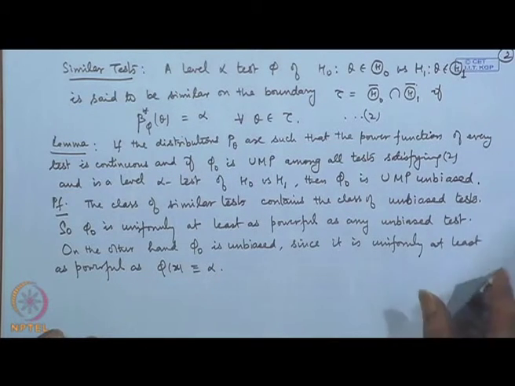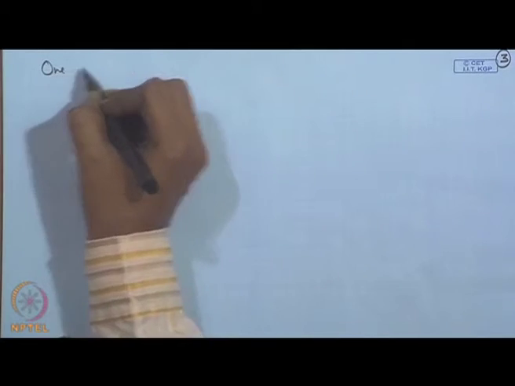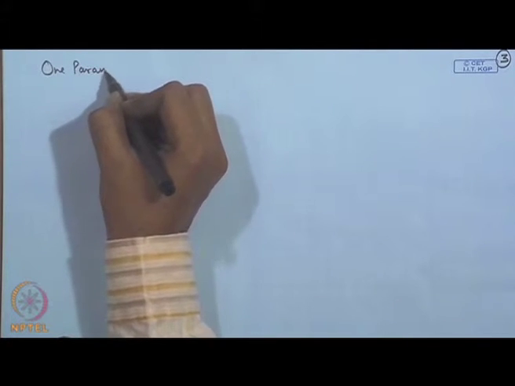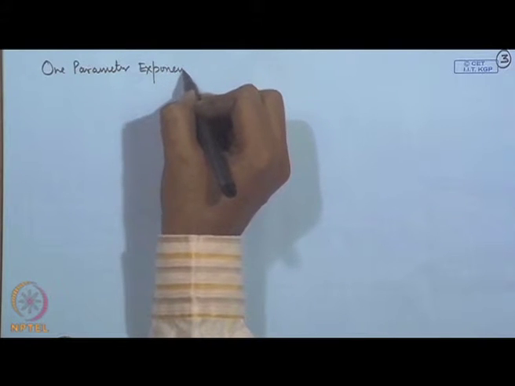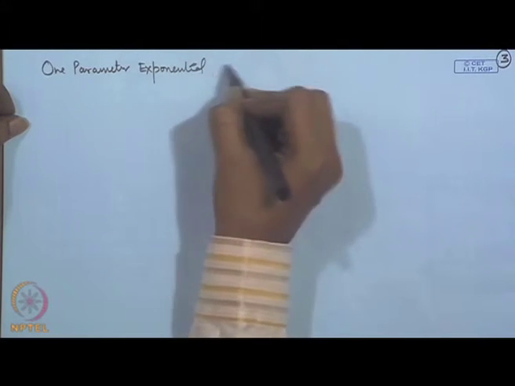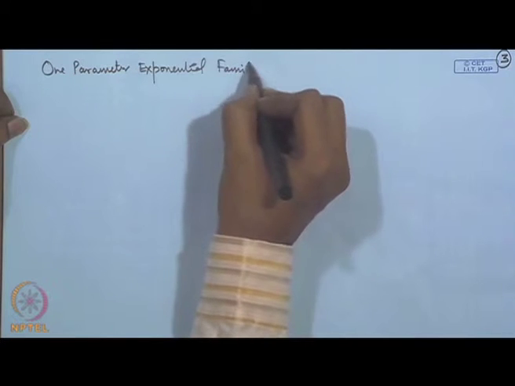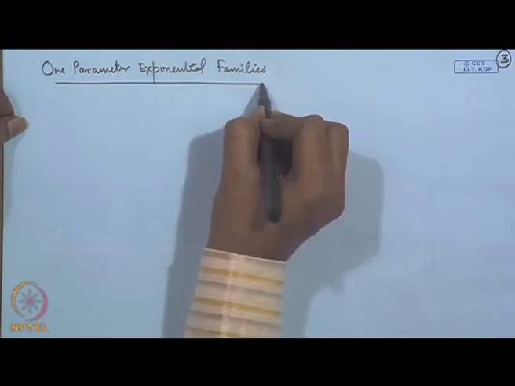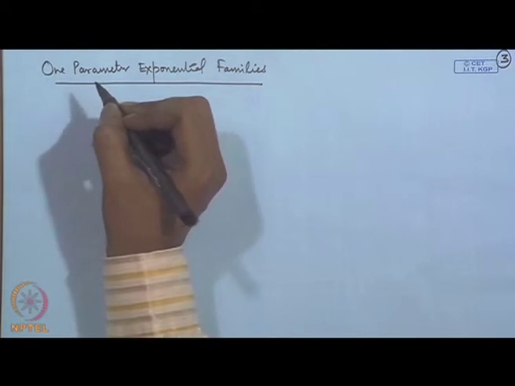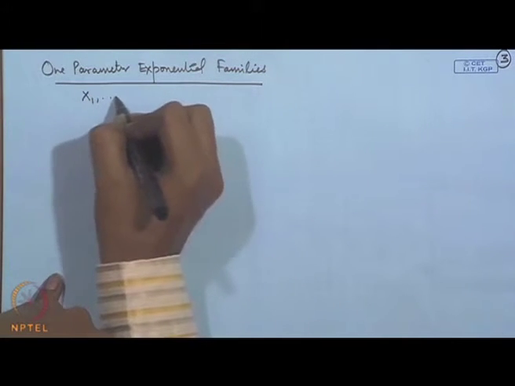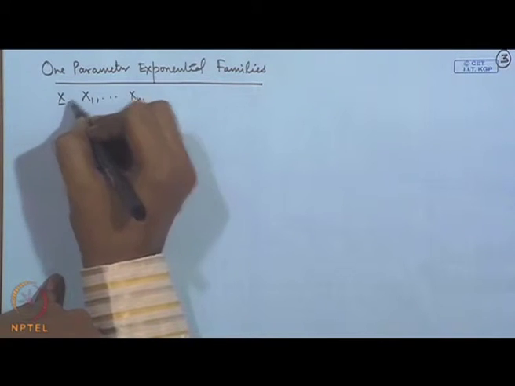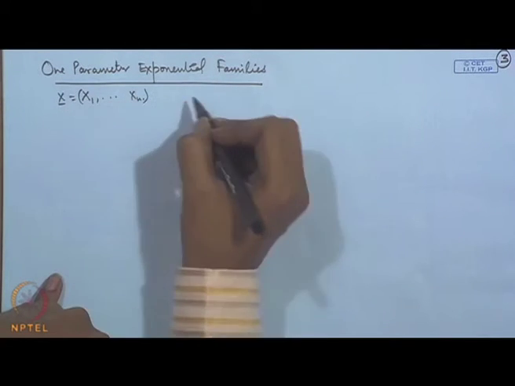Now, let us consider applications to one parameter exponential families here. As usual we are considering x1, x2, ..., xn as a random sample, so we write it as x.